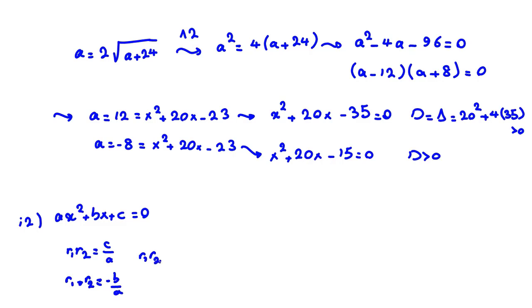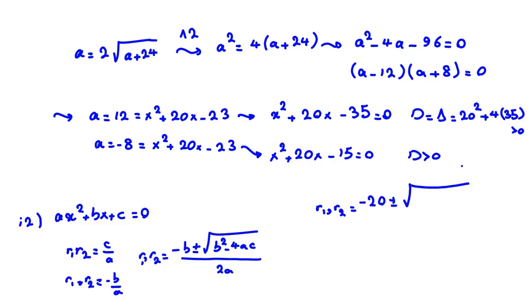If you want to know the roots separately, it is negative b plus or minus the square root of b squared minus 4ac, all over 2a.